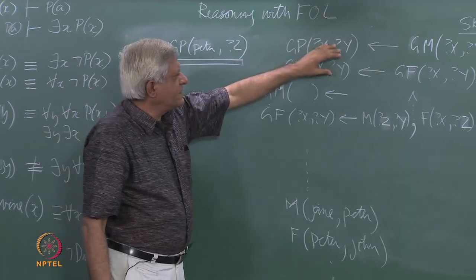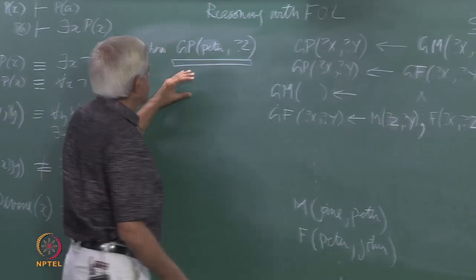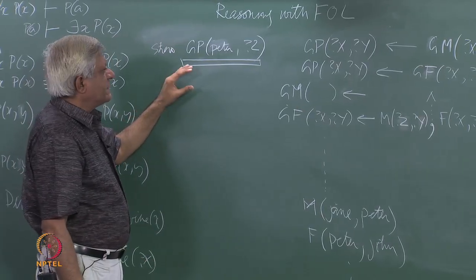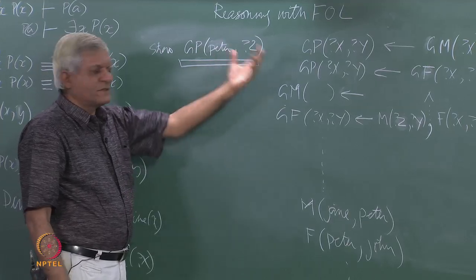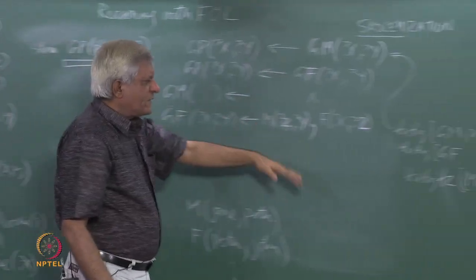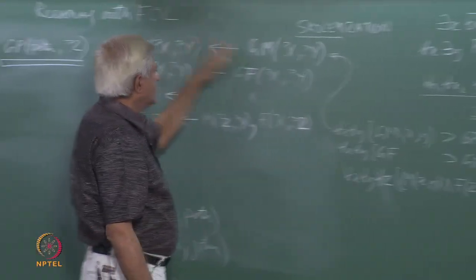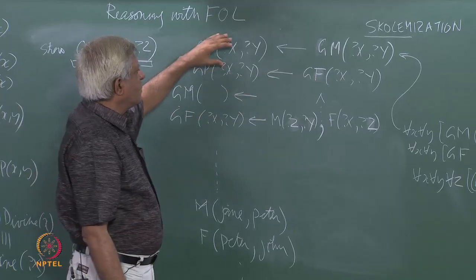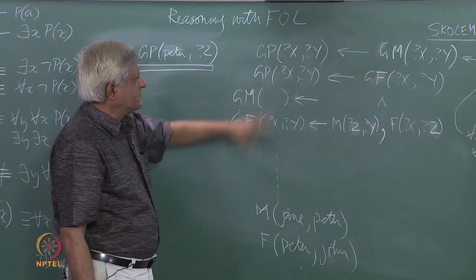So, when it matches this, it poses this as a goal essentially. So, it will ask whether Peter is the grandmother of some Z essentially. So, it will translate that goal into the sub goal. Backward chaining we said was moving from right to left in this notation. In this notation it is moving from left to right. So, it basically goes from goal to sub goal, asks that as a new query.